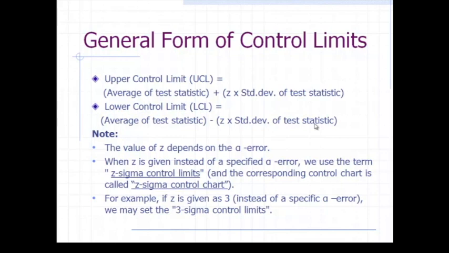When z is given, instead of a specified alpha error, we use the term z sigma control limits. Later, I will explain further about this. But for example, if I say you need to develop 3 sigma control limits, that means the z value is 3. If I ask you to develop a 2 sigma control chart, now the z value is 2.